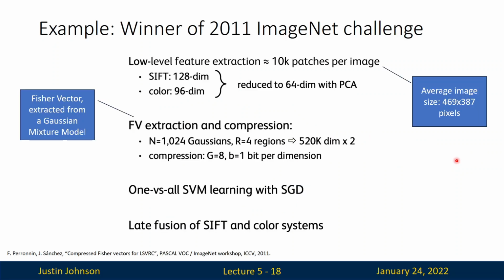Okay. So let me talk about something before neural networks. So this is the winner of the ImageNet challenge. The ImageNet dataset was released in 2008. So it is the fourth year. Every year, they hold a challenge.